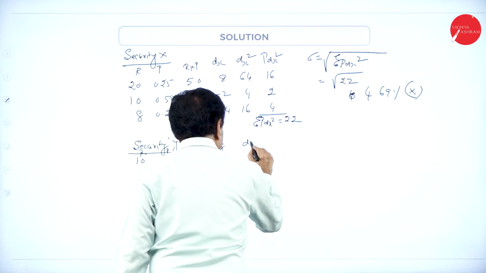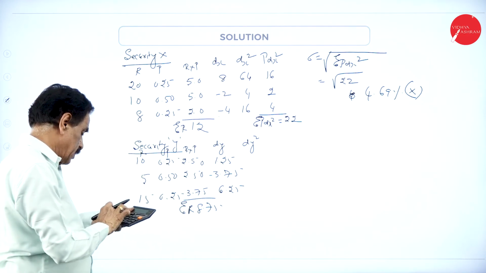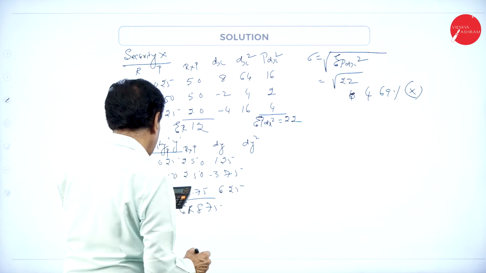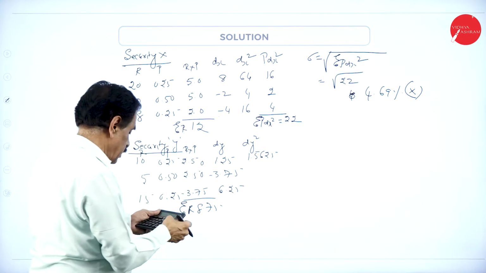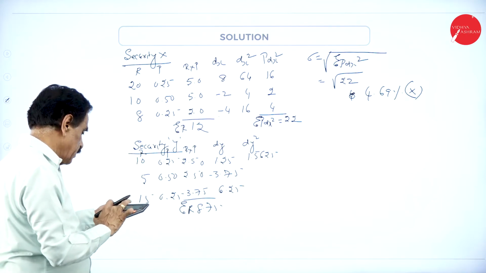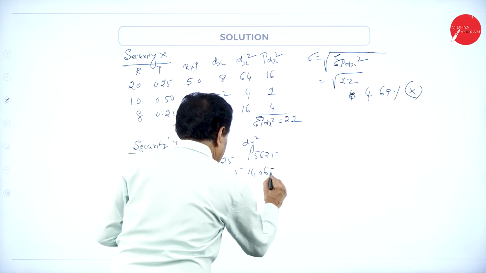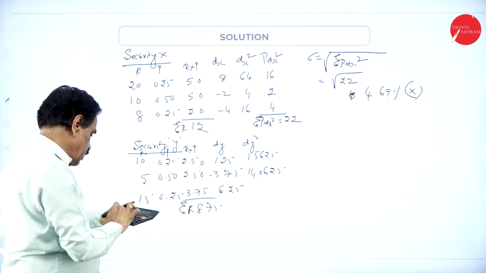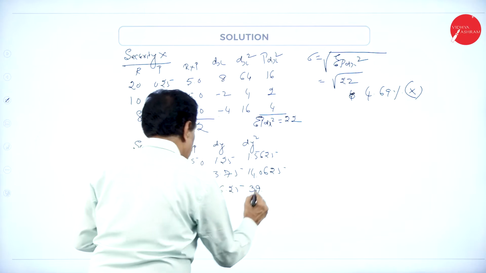Then dy square: 1.25 into 1.25 is 1.5625, 3.75 into 3.75 is 14.0625, 6.25 into 6.25 is 39.0625.